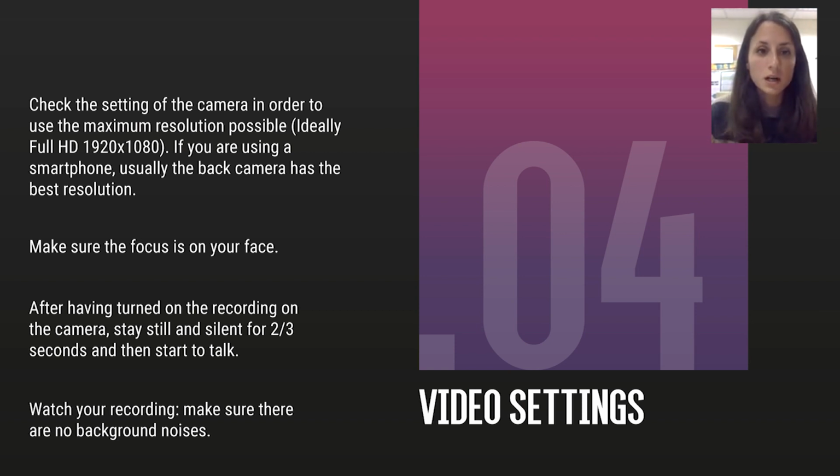Usually full HD, but if you're using a smartphone, you're quite sure that the quality is pretty good. So I suggest using your smartphone instead of, for example, the camera of your computer that usually has a lower quality. The smartphone is pretty good.